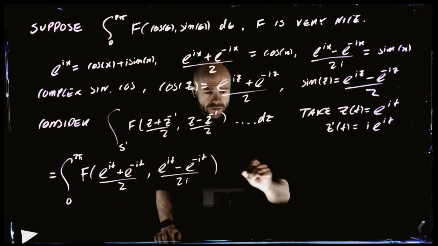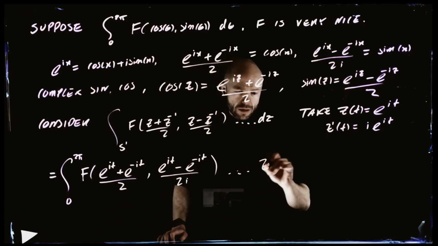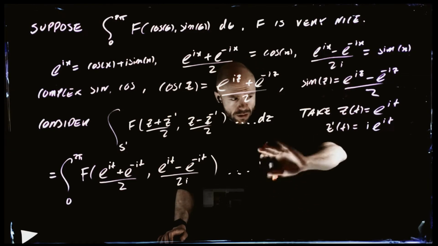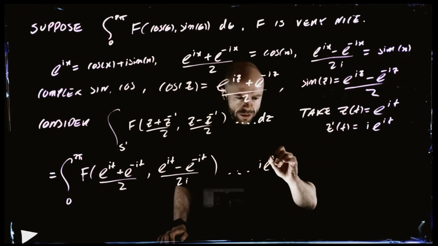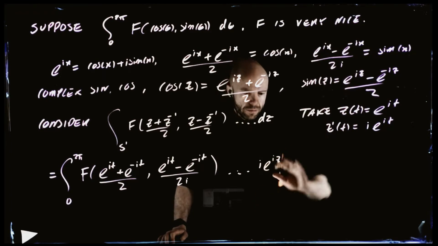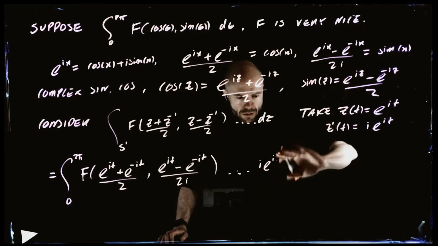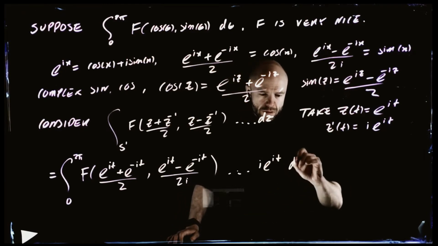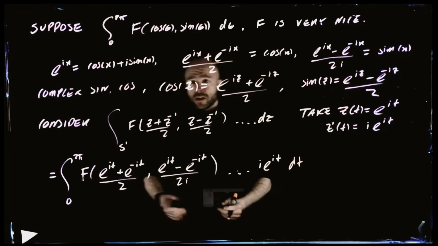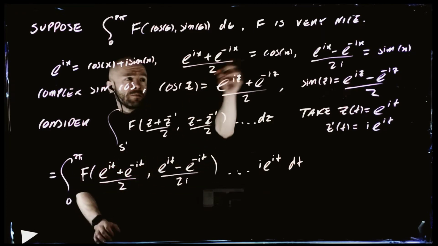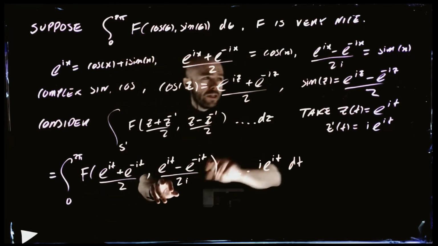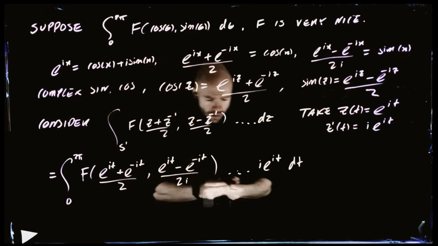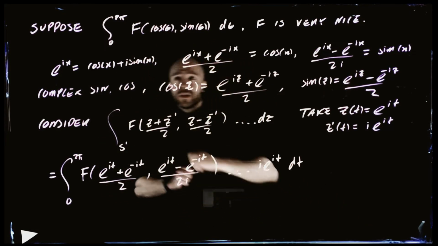And then we're going to have whatever we put here, and then z prime of t, which is just i e to the it, and dt. And because this thing just becomes cosine of t, and this thing becomes sine of t, we get close to what we want.